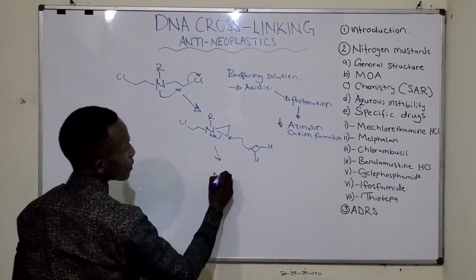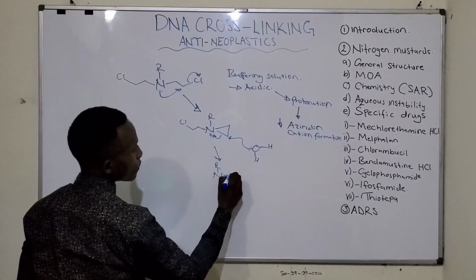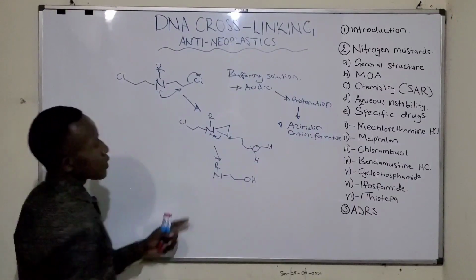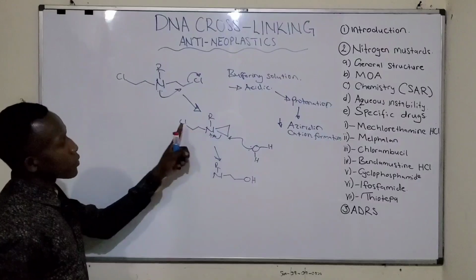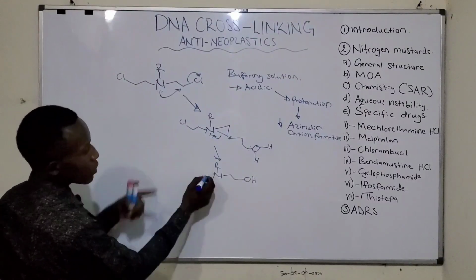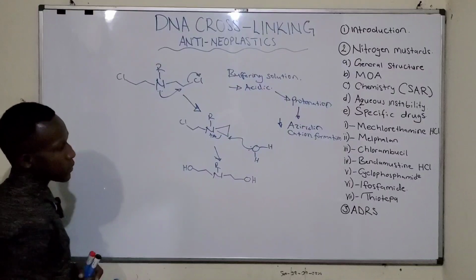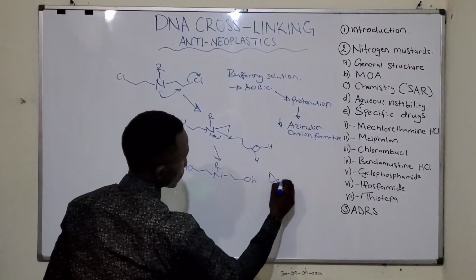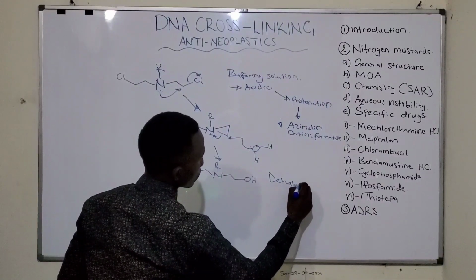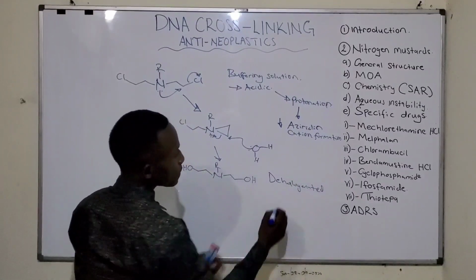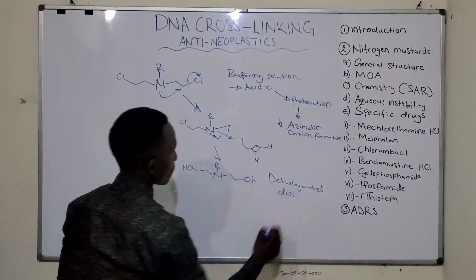So we shall have this with OH. It's the same mechanism which will happen to this other mustard arm also. This is the dehalogenated diol.